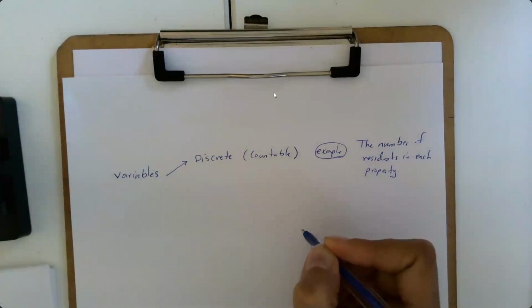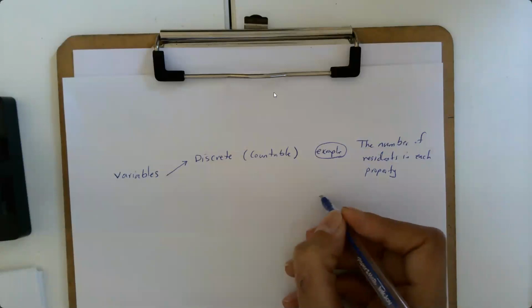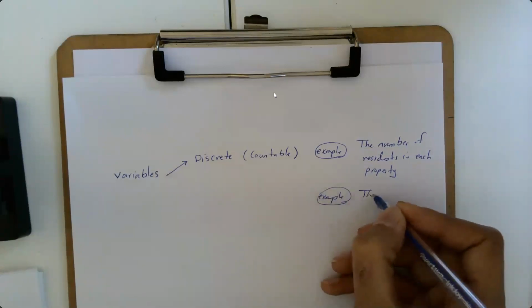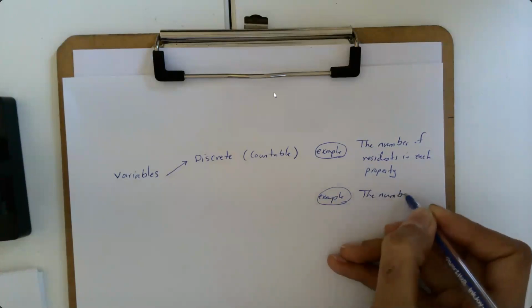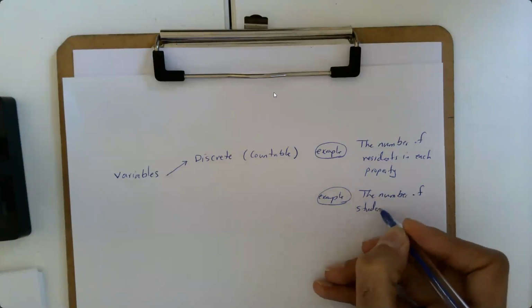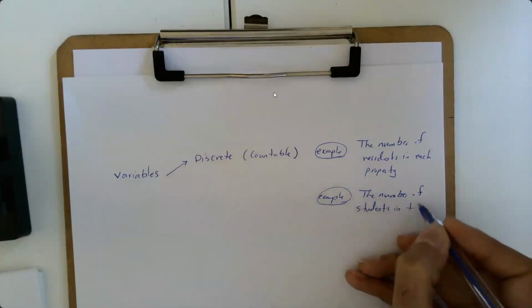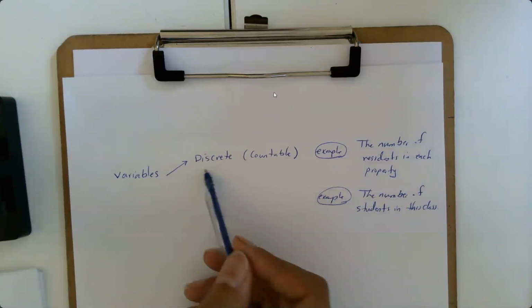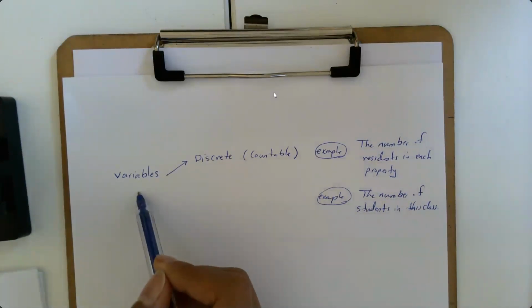Another example, the number of students sitting in this class. These are all examples of countable or discrete variables.